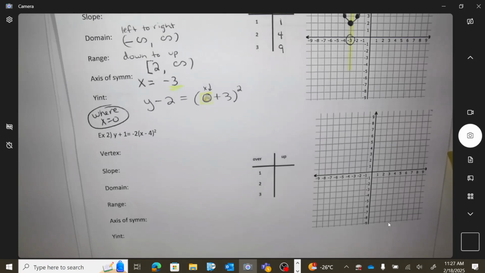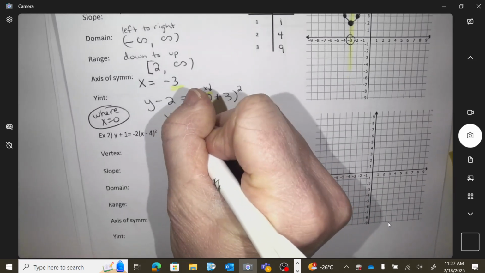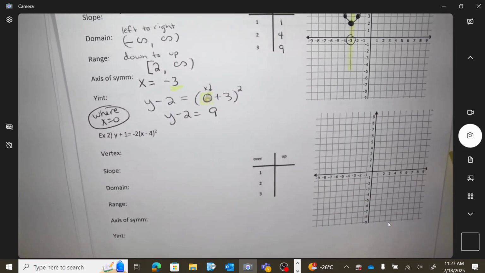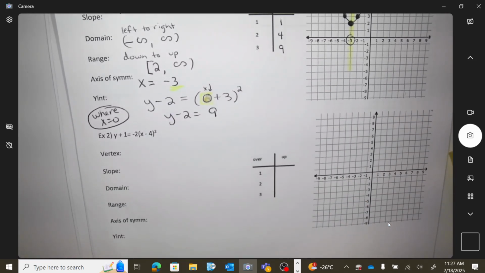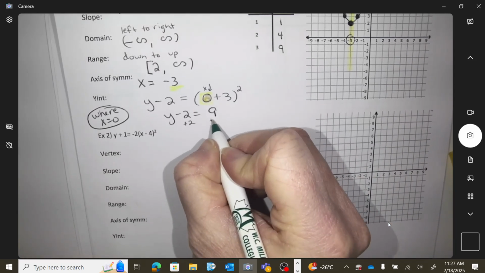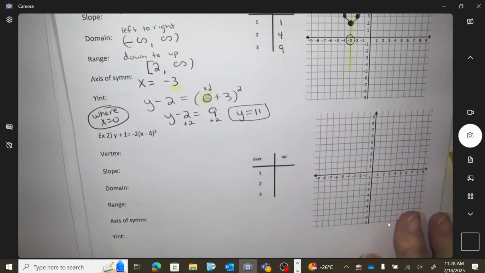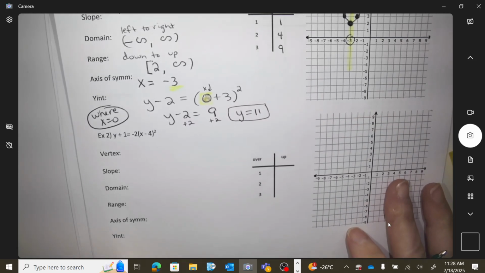I put 0 in instead of X. I actually put 0 in there. Okay, BEDMAS. Here we go. 0 plus 3 in brackets is 3. Now I'm going to exponent it. 3 squared is 9. How do I isolate y? Add 2. And my y-intercept is 11.